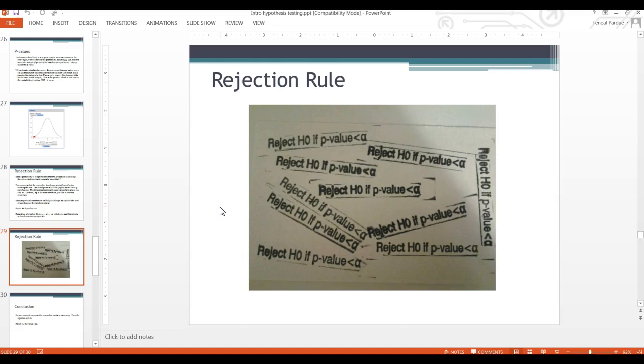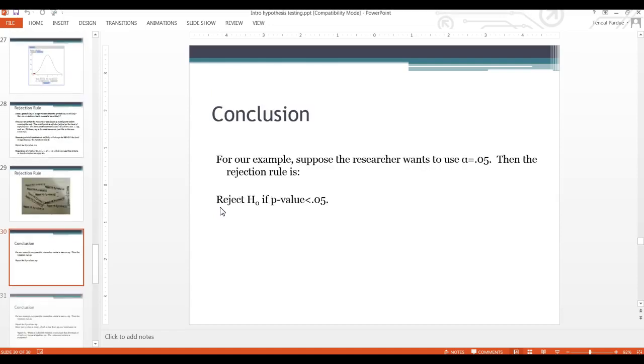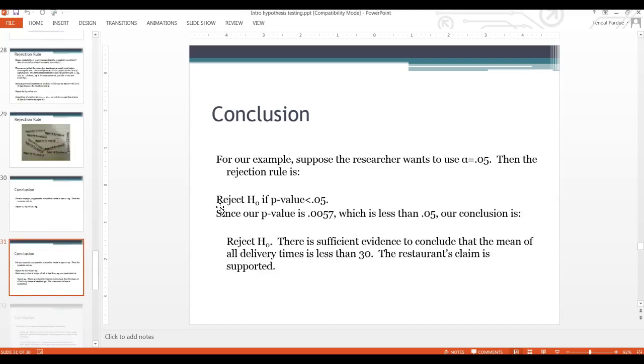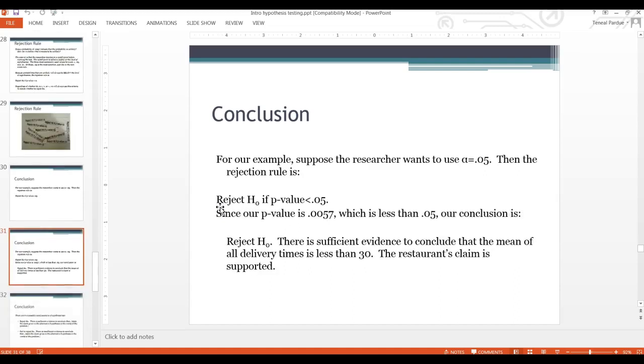Reject H naught if p-value is less than alpha. So in our example, if the researcher wants to use alpha equals 0.05, then we would say reject H naught if p-value is less than 0.05. If you're ever not given a level of alpha, you can assume 0.05.